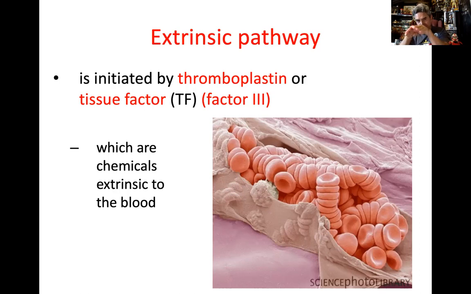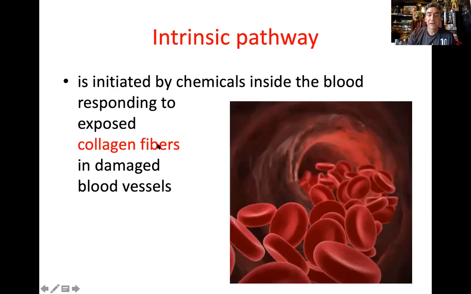When that vessel ruptures, we have damaged tissues and cells that release tissue factor 3. The intrinsic pathway is initiated by chemicals inside of the blood responding to exposed collagen fibers in the damaged blood vessel. So it seems kind of similar.